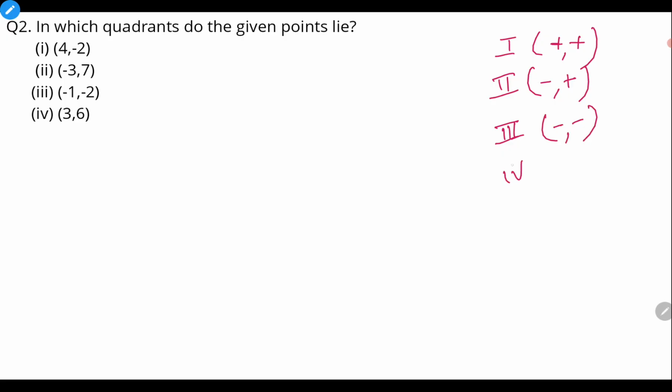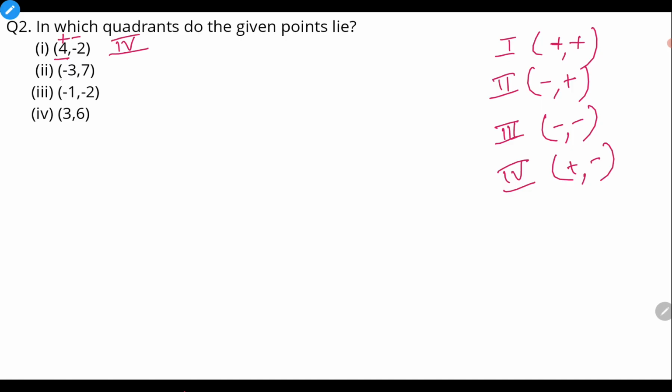In the fourth quadrant, x positive, y negative. So you can see in the first one x is positive, and y is negative. So this point lies in the fourth quadrant.